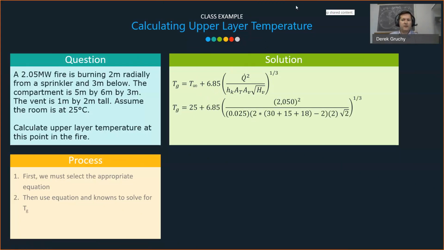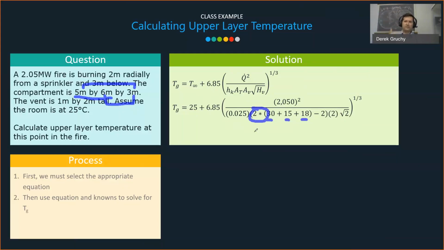So we're going to put these values in. So 2050 is going to be the kilowatts, that's squared. The hk is the constant number, 0.025. And then the surface area is, we've got 5 by 6 for the floor and the ceiling. So 5 by 6 is 30. And then we've got 5 times 3 and 6 times 3. So 15 and 18. And then we're going to multiply those by 2 because there's an opposite.